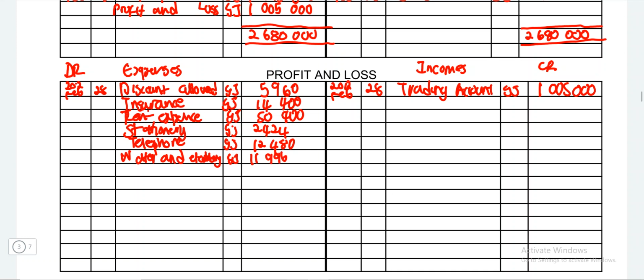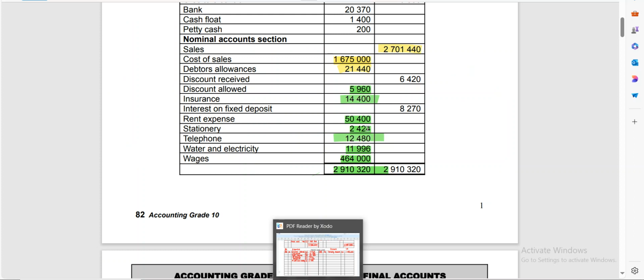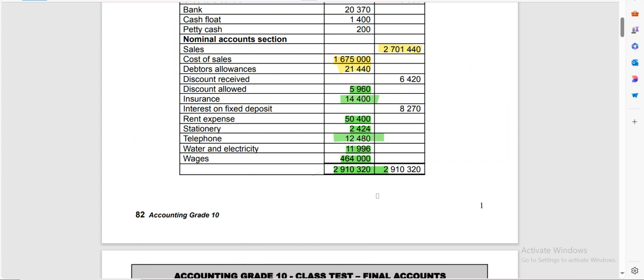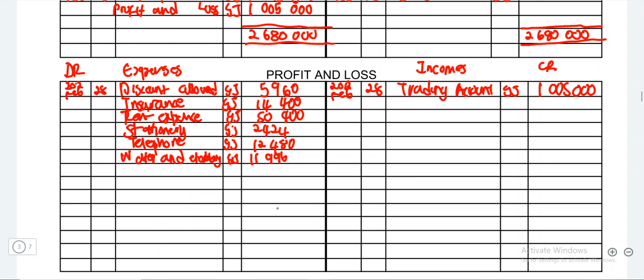And then you check what else you are given. You are given wages for 464,000, so you can include that. Okay, so we'd have our wages, general journal, then we know this is for 464,000.